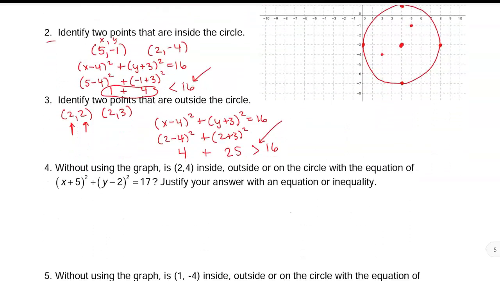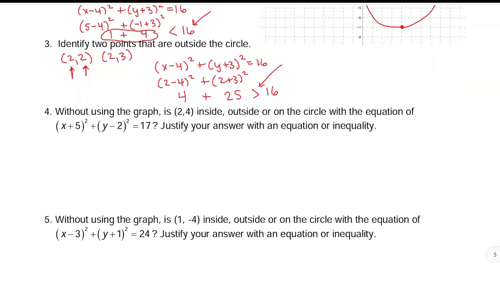Okay, let's practice this again. In number 4, without using the graph, is the point (2, 4) inside, outside, or on the circle of the equation given here? So all you have to do is take the number 2 and the number 4 from the ordered pair and substitute them in for x and y.